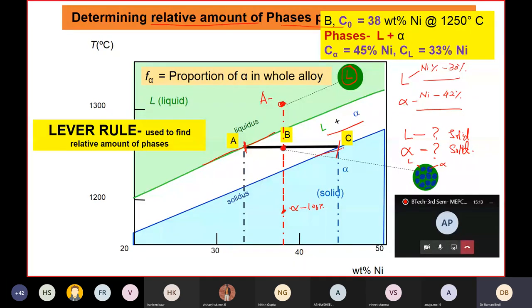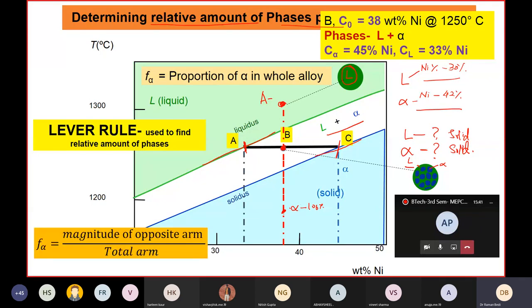Similarly, this one is the boundary of the solid phase. So A is the intersection of the tie line at the liquidus line, C is the intersection of the tie line at the solidus line, and now it forms a lever ABC with a fulcrum at B, and that is why the basic fundamental is called the lever rule. How do you find the relative amount of liquid and alpha? It is pretty simple here.